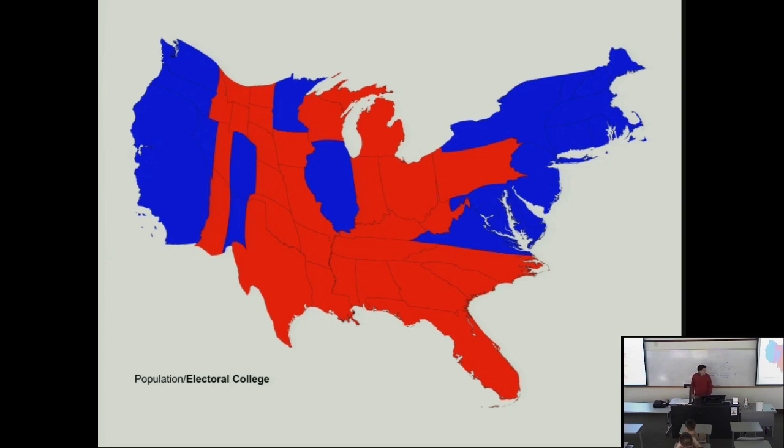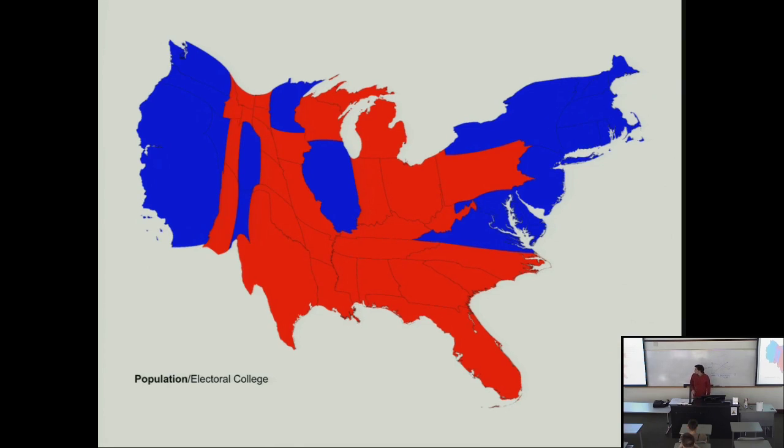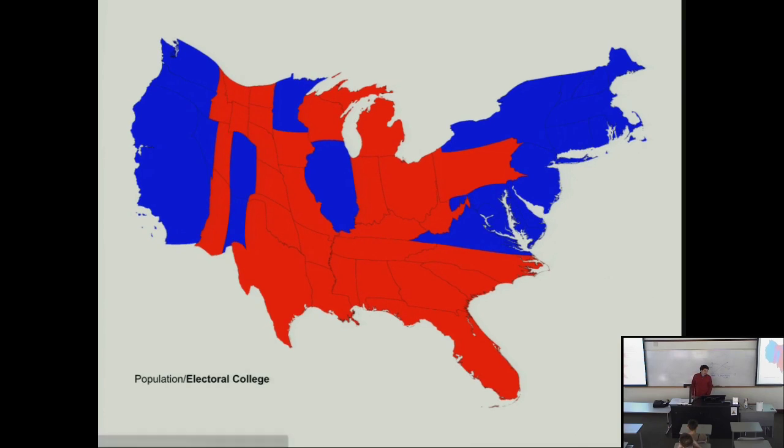And as we all know, maybe some of us know, don't assume anything, the United States has an electoral college system, which is slightly out of alignment with states' populations. So this is scaled by population. This is scaled by electoral college representation. And I can create a really simple animation just by flipping back and forth between the two slides.